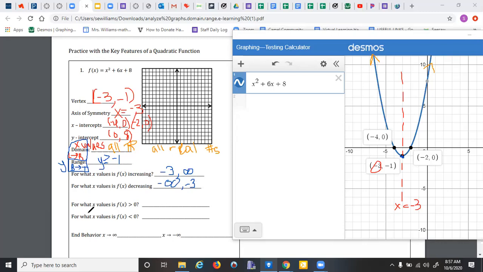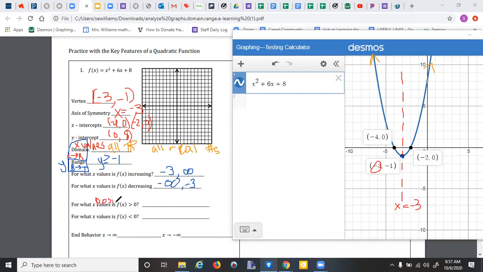All right, for what x values is f of x greater than 0? What does it mean for something to be greater than 0? The number is above 0. What kind of numbers are above 0? Positive. So this is asking where the graph is positive.